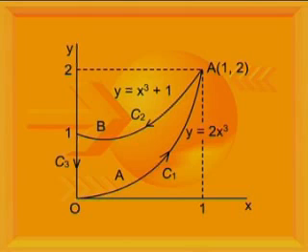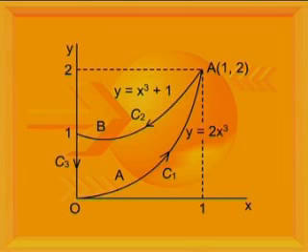These two curves are meeting at the point A, whose coordinates are (1, 2). X is equal to 1, y is equal to 2. And for the second curve, if we put x is equal to 0, then y is equal to 1. So it meets the y-axis at the point B, where y is equal to 1, x is equal to 0.